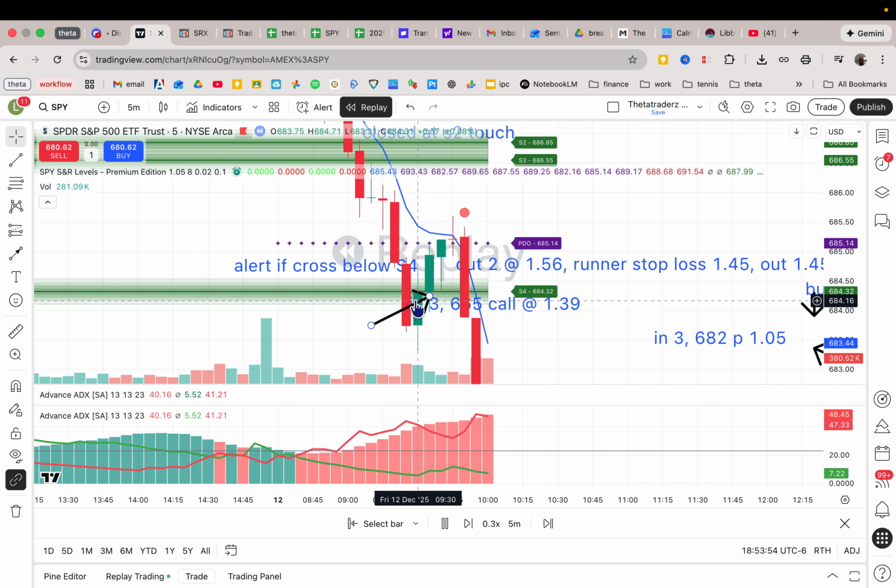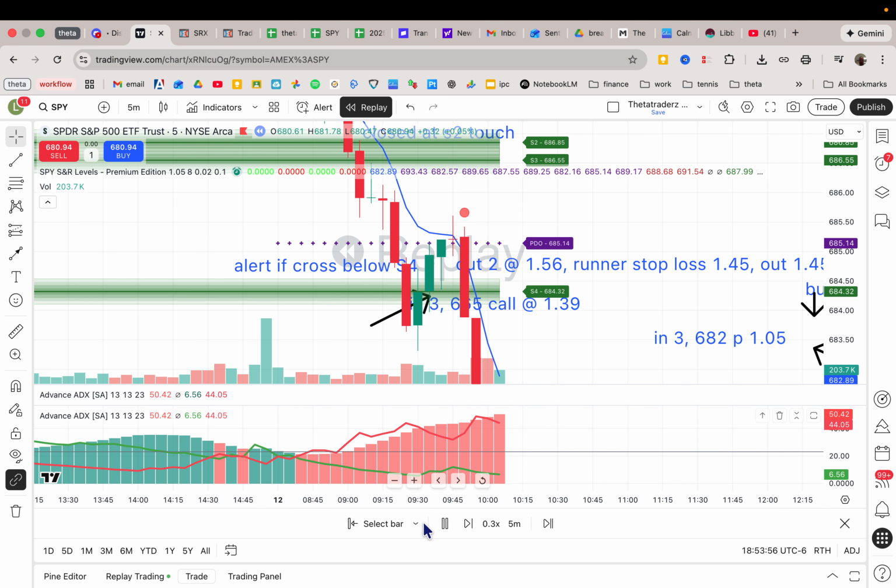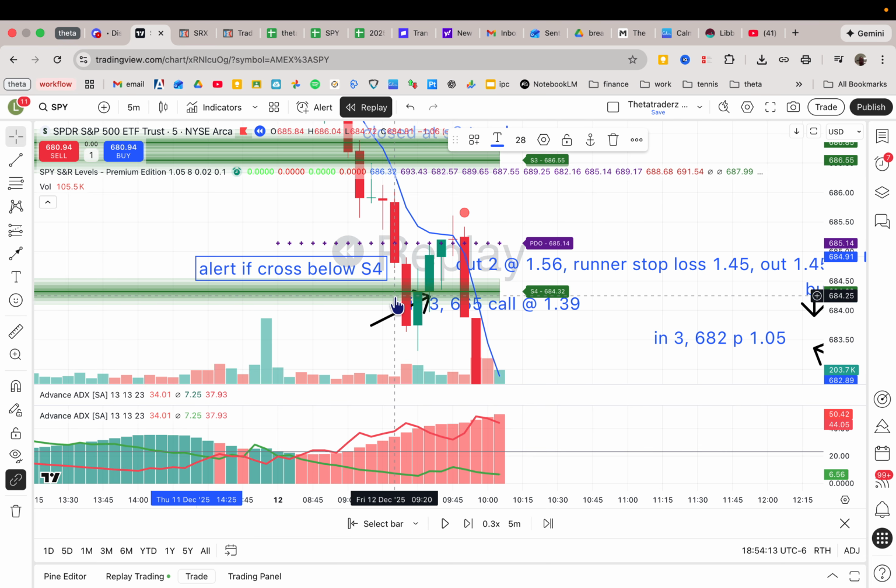So you can see the call here. This was another break and retest. Broke below S4, retested above it, entered here. I had a runner on as well, and I did a cross below the S4. So when I entered a call here, because it retested back up, I did an alert at the S4 price.